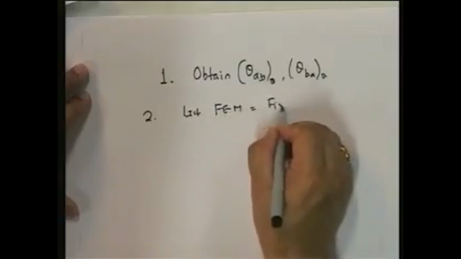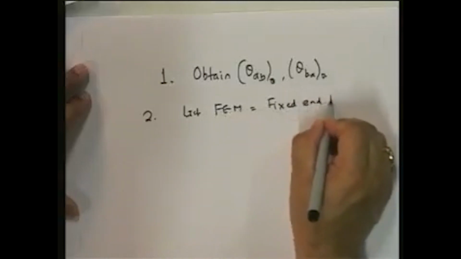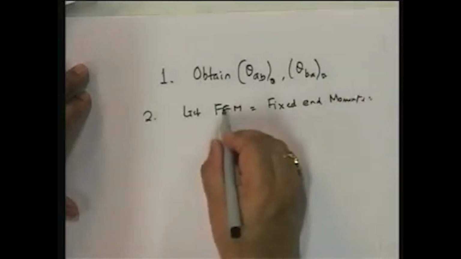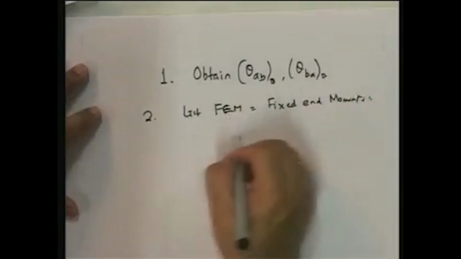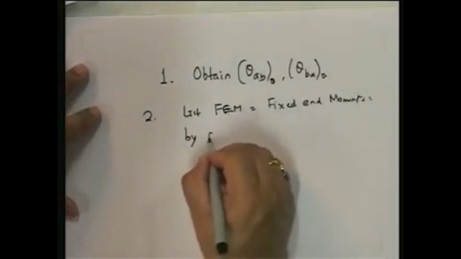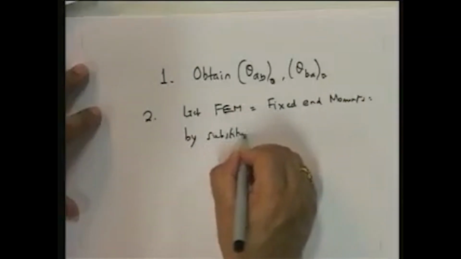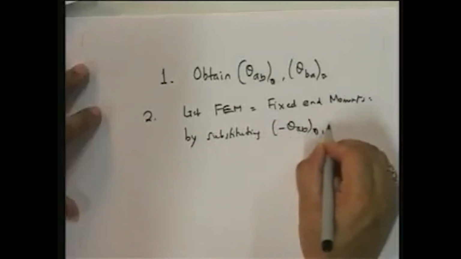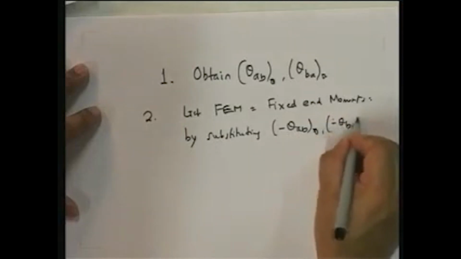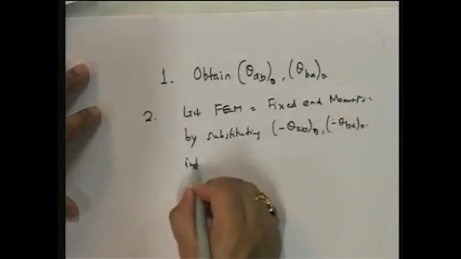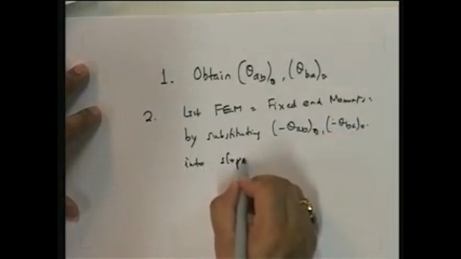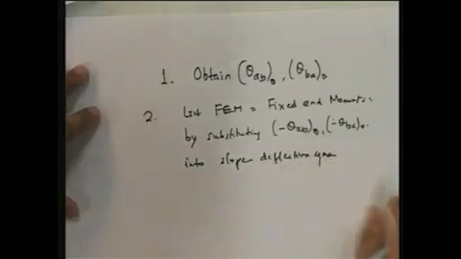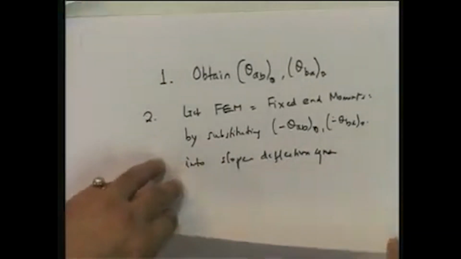This is fixed end moments. This is my notation. Okay? So then get fixed end moments by substituting minus theta AB 0 and minus theta BA 0 into slope deflection equations. Okay, so let us just see.